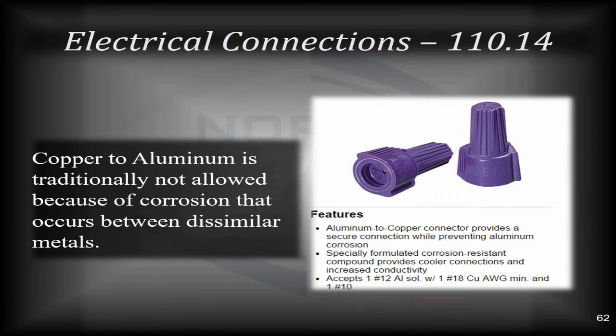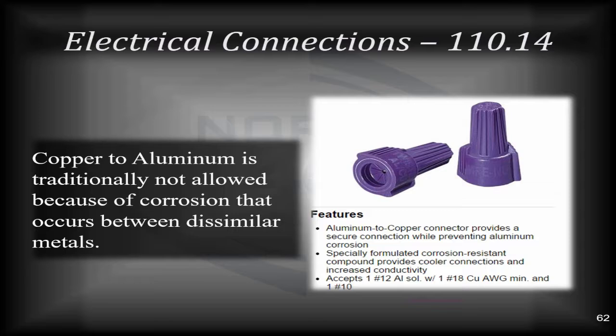Okay, very few devices, fittings, connectors, etc. allow you to intermingle aluminum and copper. There are some out there. This is one set of twisters that is produced by Ideal Products, and right off the manufacturer's website, it allows you a secure connection for aluminum to copper, and it prohibits any kind of aluminum corrosion.